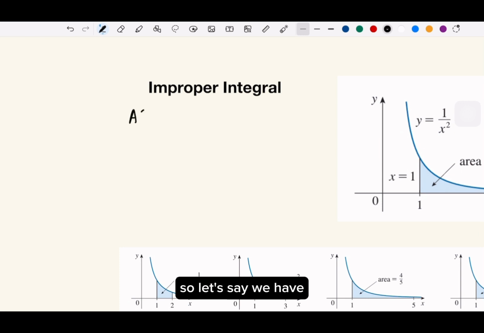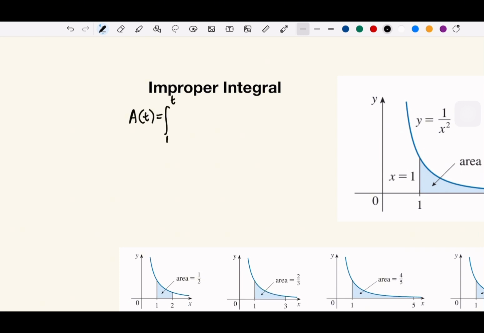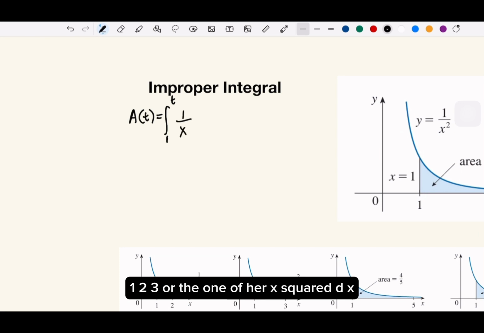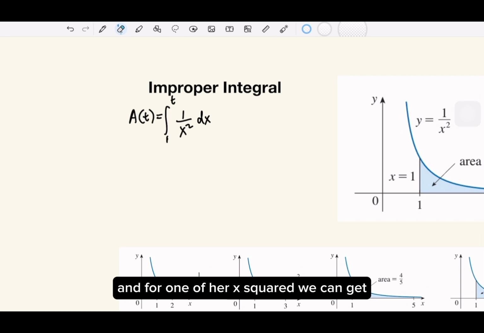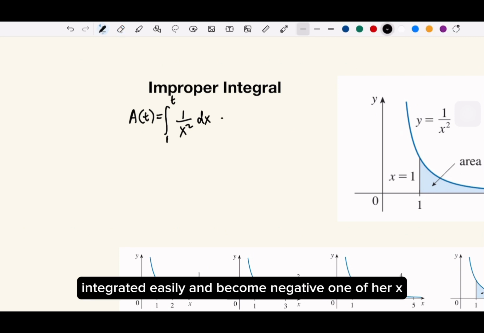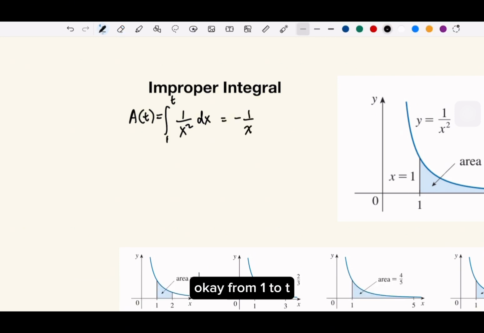Let's say we have the integral from 1 to t of 1/x² dx. Of course, 1/x² can be integrated easily and becomes negative 1/x from 1 to t. So this will be 1 minus 1/t.